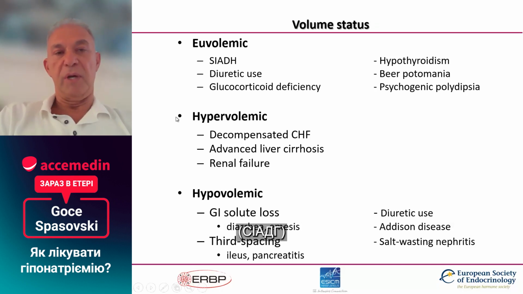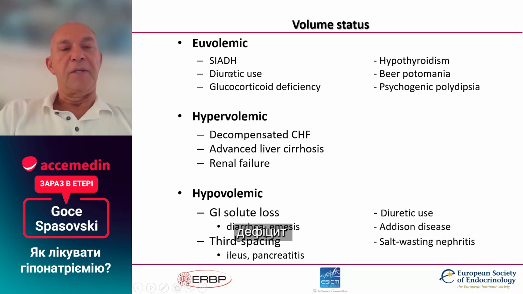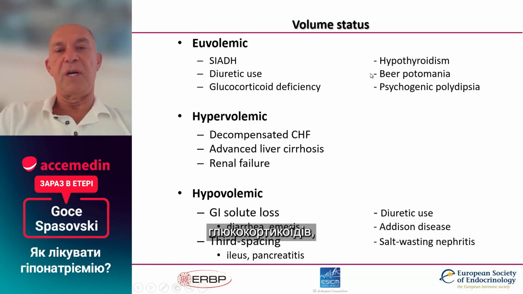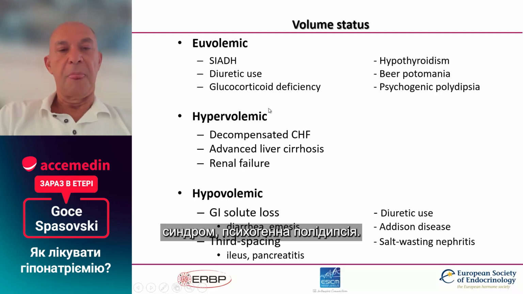Euvolemic, we have in the presence of SIAD, syndrome of inappropriate antidiuretic hormone secretion, diuretic use, glucocorticoid deficiency, hypothyroidism, beer potomania, and psychogenic polydipsia.